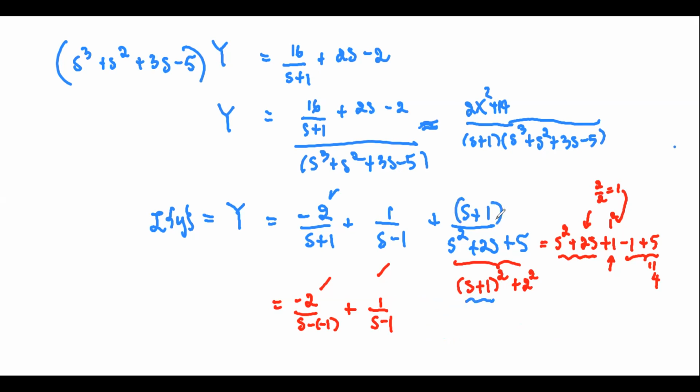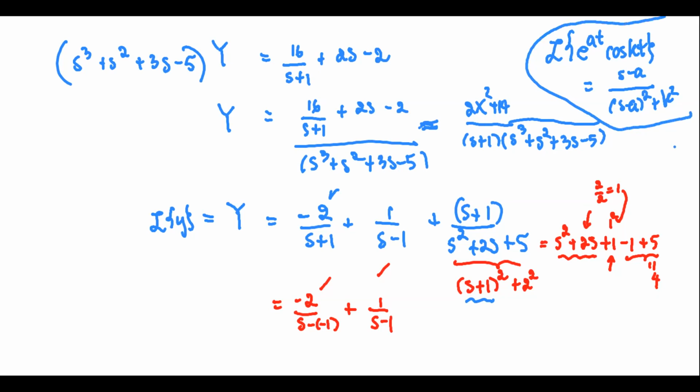We have s plus 1 on the top, so we don't have to do much. And the Laplace transform of e to the power at times the cosine kt is s minus a divided by s minus a squared plus k squared. That's a formula from 7.1.